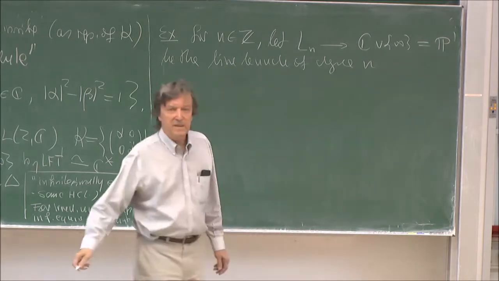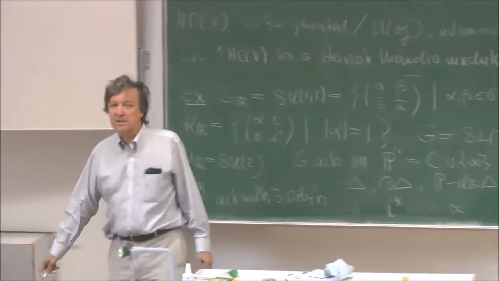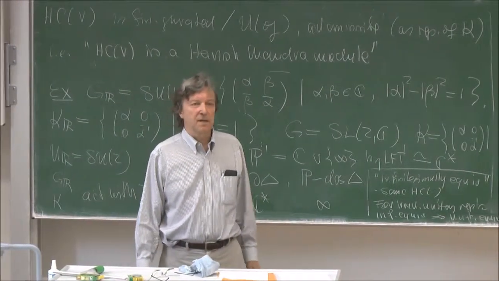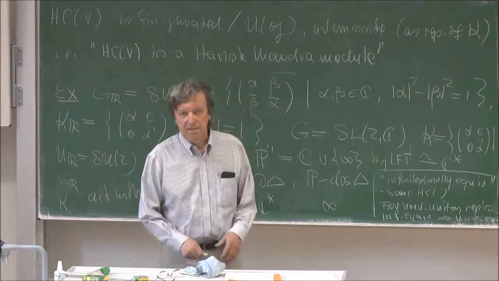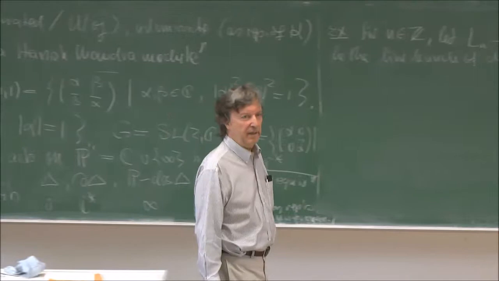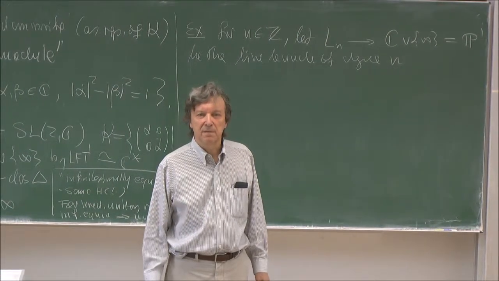So what does degree n mean? Well, such a line bundle has a Chern class, and the Chern class is then a multiple of the generator of H2 of P1 with integral coefficients.